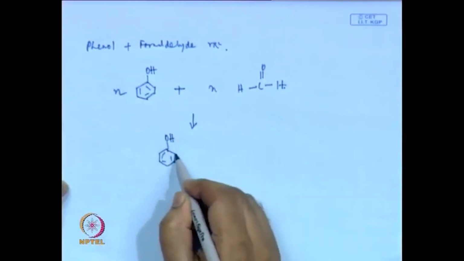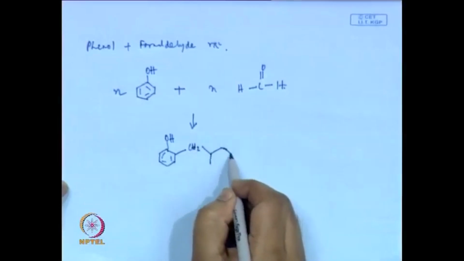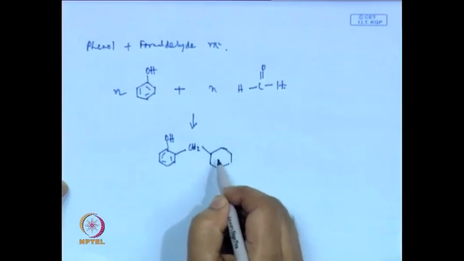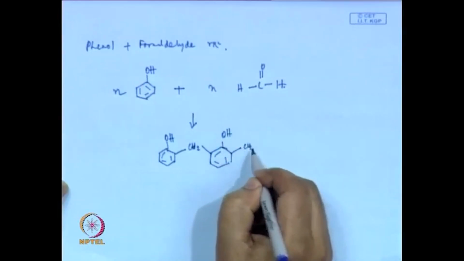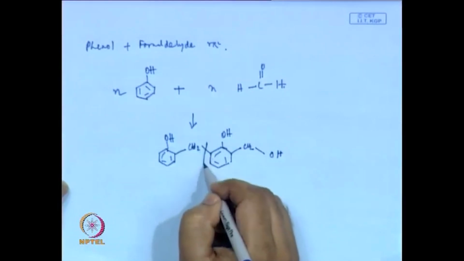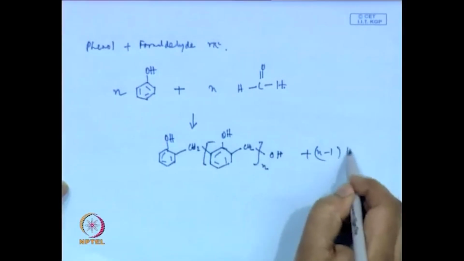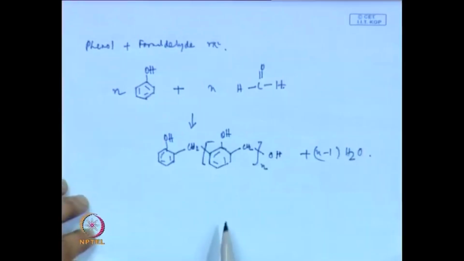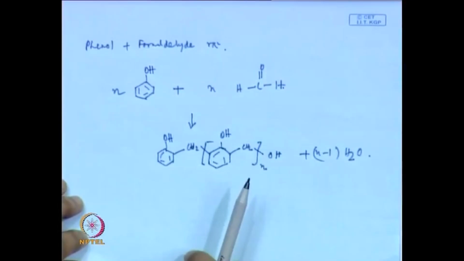This gives a polymer like this. Now, with the original definition of addition and condensation polymers, you will definitely classify this as a condensation reaction, because in this reaction small molecules are coming out.